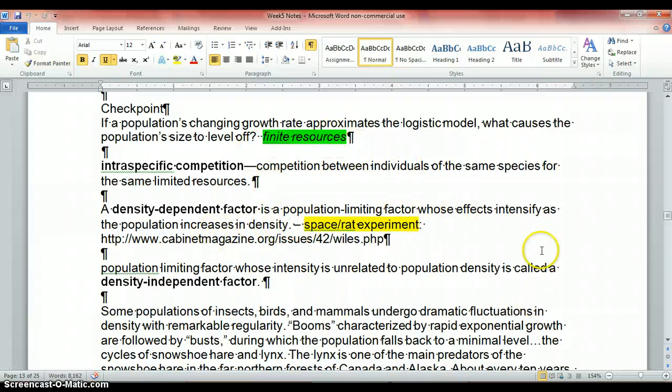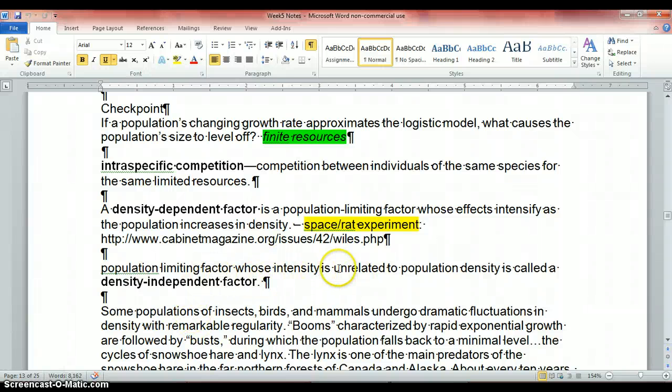So there's a famous space and rat experiment where the only thing limited was space, and as more and more rats appeared because of reproduction, they got much more vicious toward each other because there's just too many of them. This intra-specific competition got super crazy, and that is an example of a density-dependent factor, because when there's not too many, no big deal. When there's a lot, it gets much more dramatic.